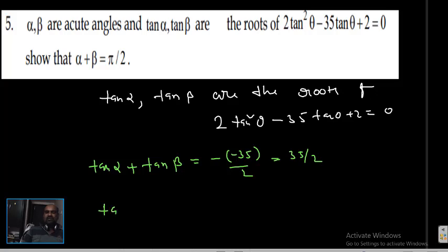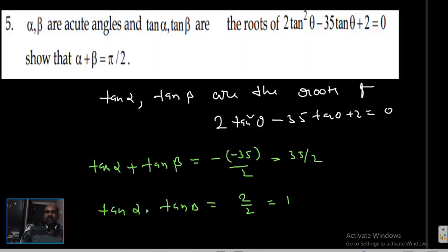Next, tan alpha into tan beta equals c by a, 2 by 2, that equals 1. Now what I want to prove is alpha plus beta equals pi by 2. It is enough to prove that tan of alpha plus beta is not defined. Tan of alpha plus beta not defined means alpha plus beta is an odd multiple of pi by 2. Then one of the values is pi by 2, I can say like that.